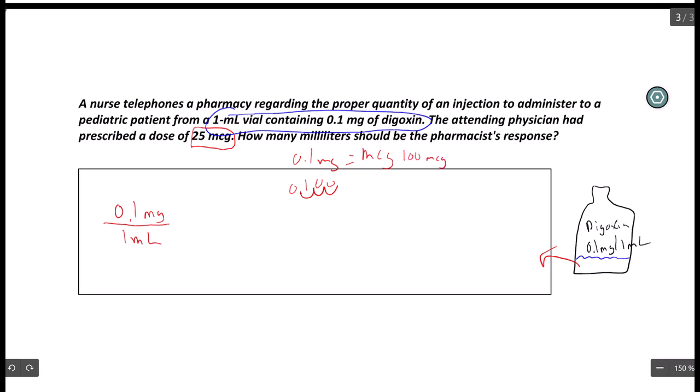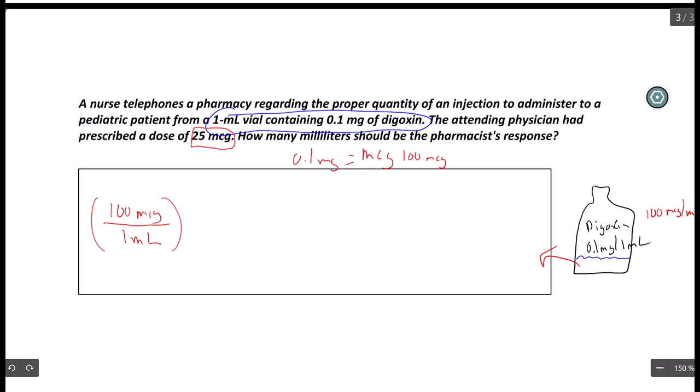So in my ratio, I'm just going to write it so that I know that I've got 100 micrograms in 1 ml. So instead of this label saying 0.1, the label is saying 100 micrograms per ml. How many mLs if I want 25 micrograms?